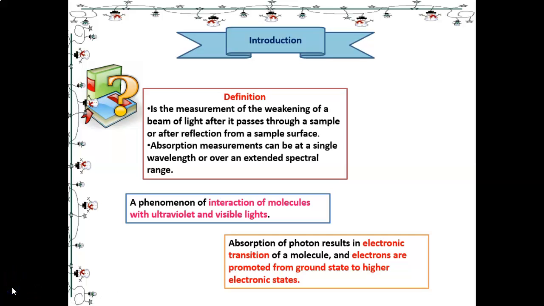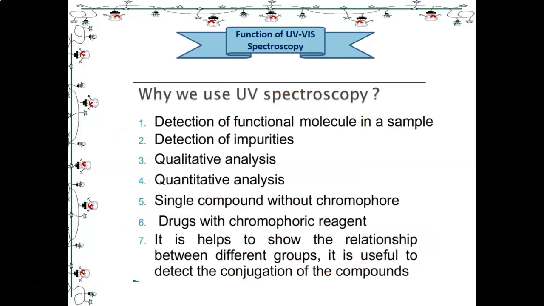So we can conclude that UV spectroscopy is a type of absorption spectroscopy in which light of the UV region, between 200 to 400 nanometer, is absorbed by the molecule. The absorption of the UV radiation results in the excitation of the electron from the ground state to a higher energy state.